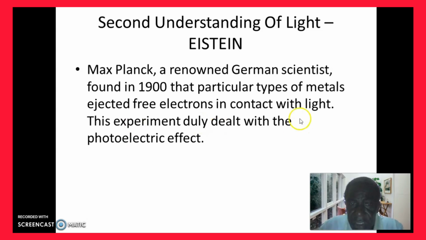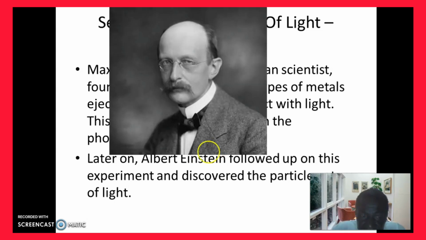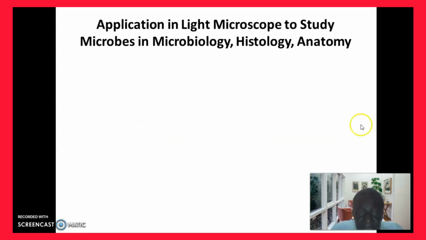It was Sir Isaac Newton that helped create that word photon anyway. This is the picture of Max Planck. And later on, Albert Einstein followed up on this experiment and discovered the particle nature of light, which I just mentioned, the photon aspect. That's Isaac Newton in that picture, a very popular picture.